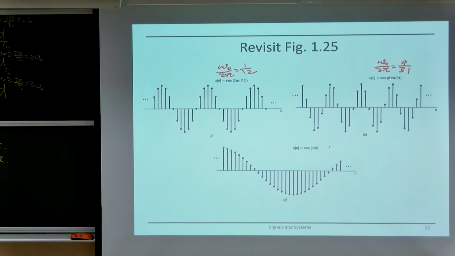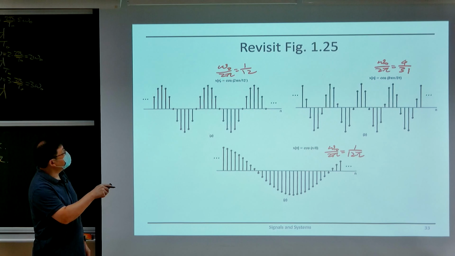And here we have omega naught over 2 pi that is... Let's see. Oh, I'm sorry. Omega naught is 1 over 6, so this is 1 over 12 pi. Okay.